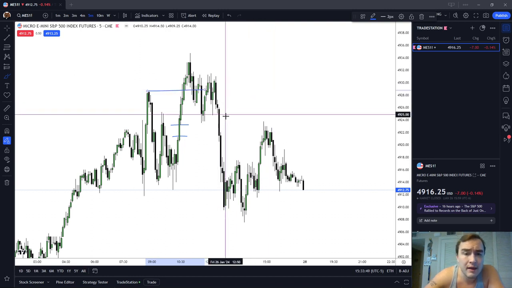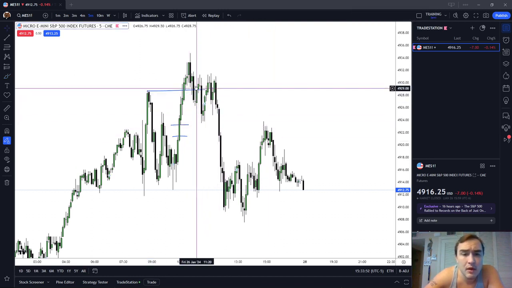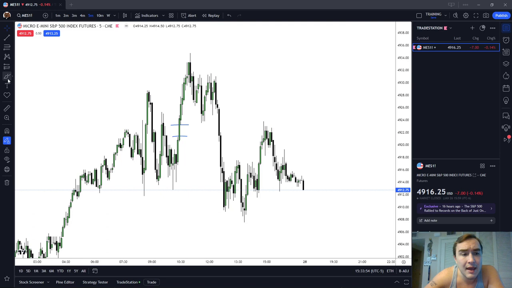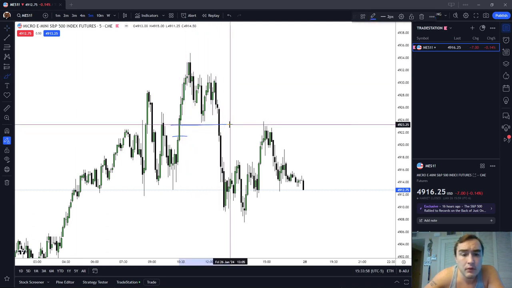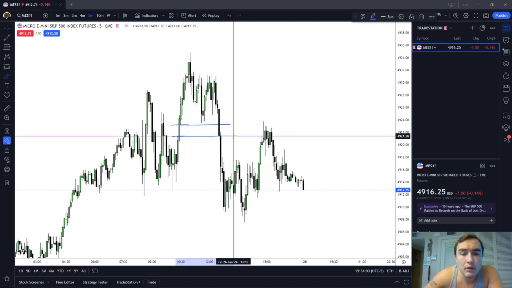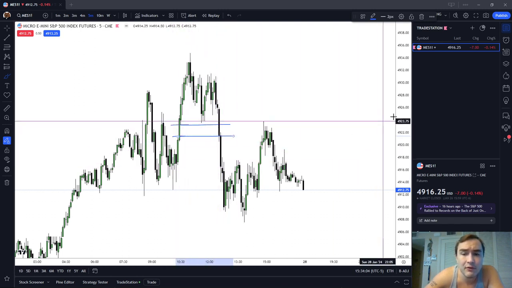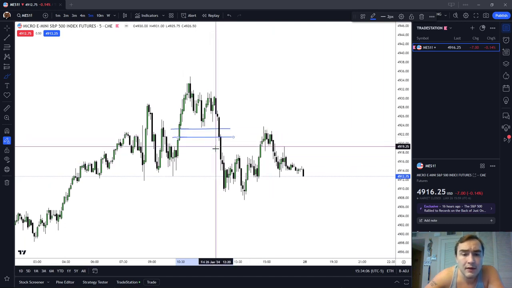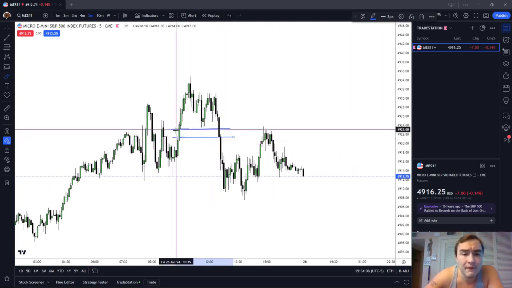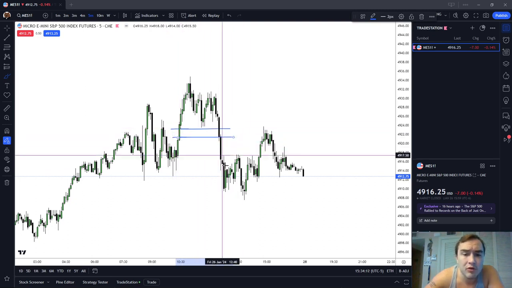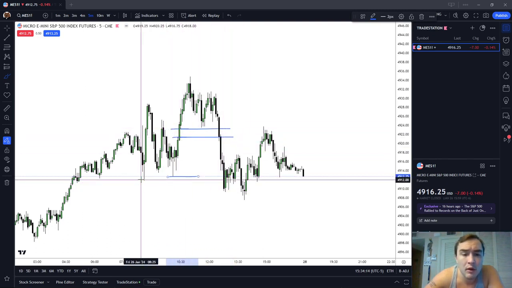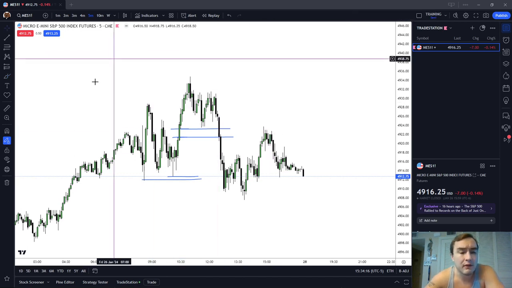You're also looking at it as the market comes back down. Notice that when the market traded through this buy-side imbalance, sell-side inefficiency, the market did not trade back up into it. In other words, it left this buy-side imbalance, sell-side inefficiency open, and the market was trading lower, which was a sign that we were going to run on these short-term sell-side liquidity.